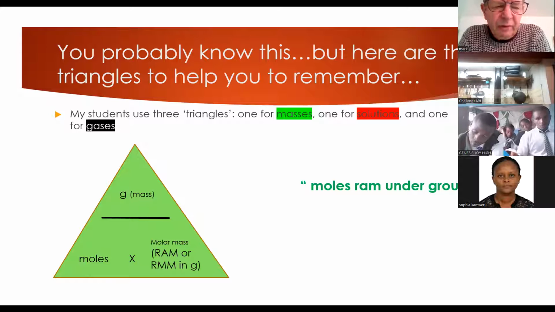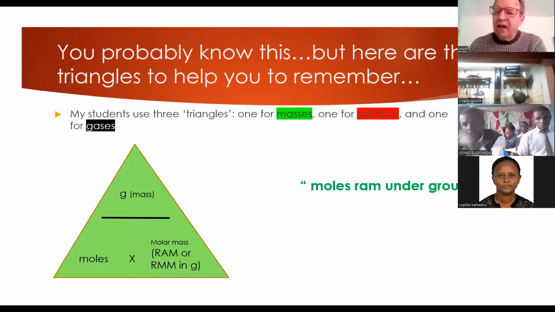So I cover moles, and I know that moles equals grams over RAM or RMM. A for atom, M for more than one atom. Okay, so if I have H2, that's a molecule. If I have Mn, that is an atom. So this triangle is useful.